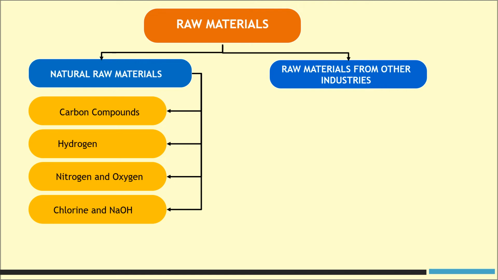Then we have chlorine and NaOH. These raw materials are obtained from sodium chloride, which is in turn obtained from the sea or mines. Sulfur, phosphorus, chlorine, inorganic compounds, these are the natural raw materials. Again we have sodium.